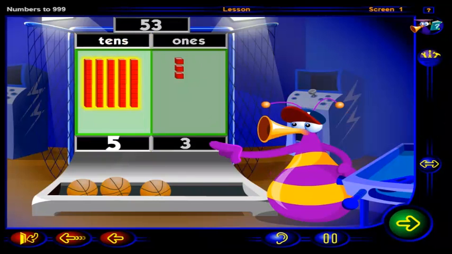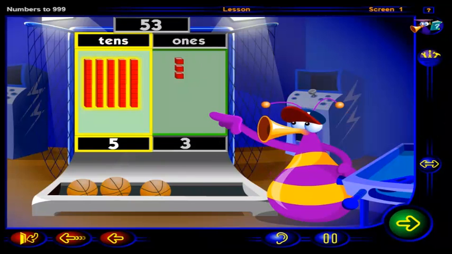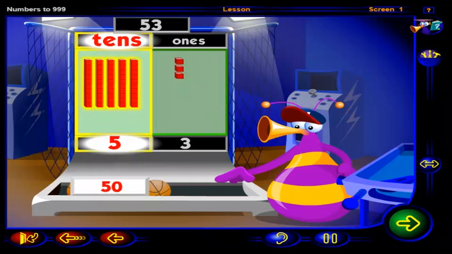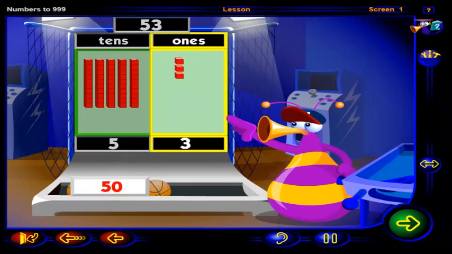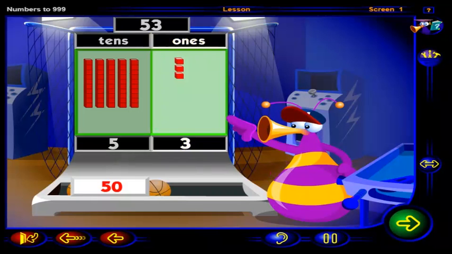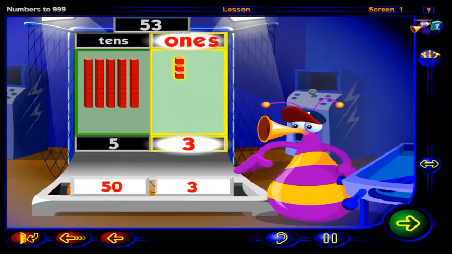There are now 5 10s in the tens place, so the value in the tens place is 10, 20, 30, 40, 50. Click on the ones place. There are 3 1s in the ones place, so the value in the ones place is 3.